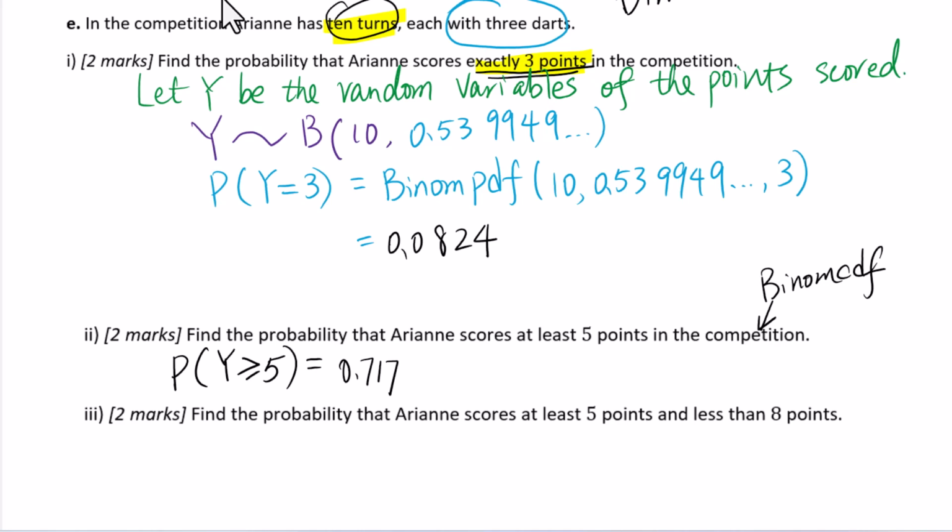Let's go to 3. Find the probability that Ariane scores at least 5 points and less than 8 points. We are looking for the probability of y greater than or equal to 5, less than 8. Remember, when you use binomial CDF, we need less than or equal to or greater than or equal to signs. So this equals the probability of y greater than or equal to 5, less than or equal to 7.